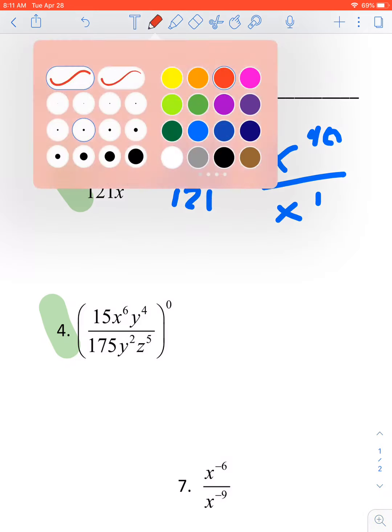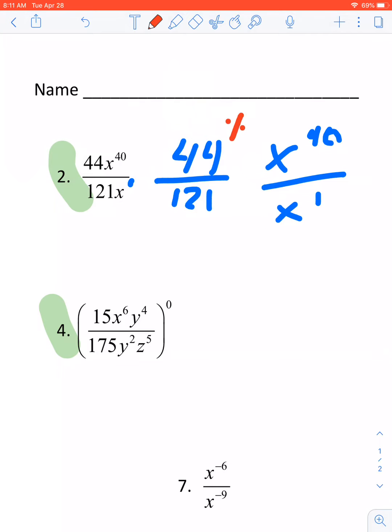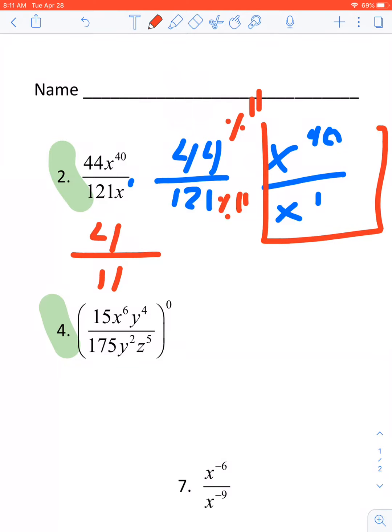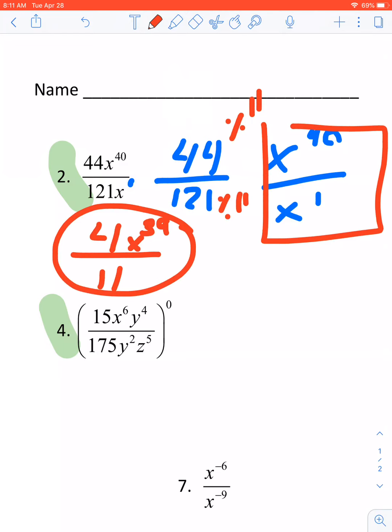So I'm going to divide here by 11, and I'm going to divide here by 11. So I end up with 4 over 11. Then I look over here at this part and say I have 40 x's on top and 1 x on bottom, so that means I have 39 on top. And I'm done. So 4x to the 39th over 11.